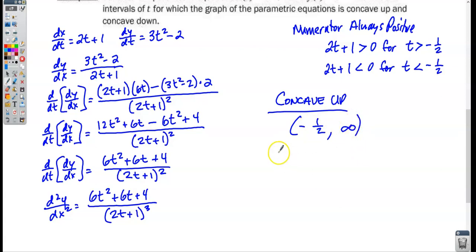And it is concave down, again, because the denominator is negative for t less than negative 1/2, and the numerator is positive. Positive divided by negative gives me a negative, so it's going to be concave down on that interval. All right, and there we go. A few examples using the second derivative of a parametric equation.